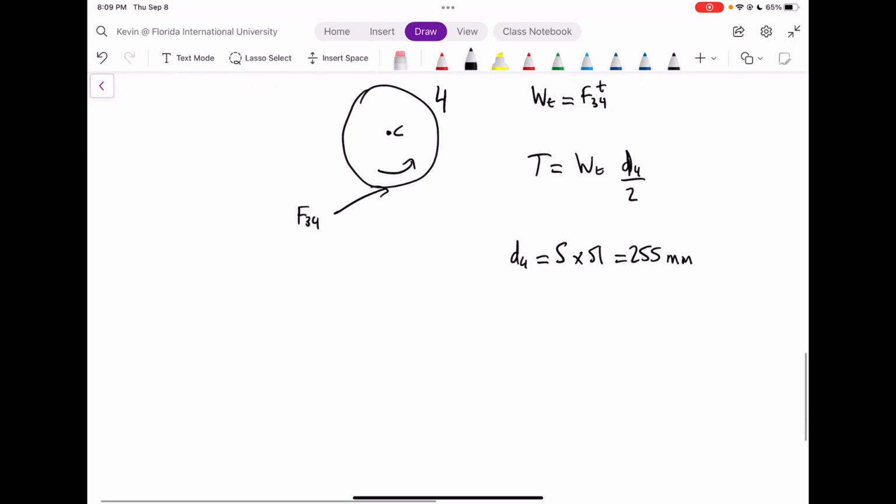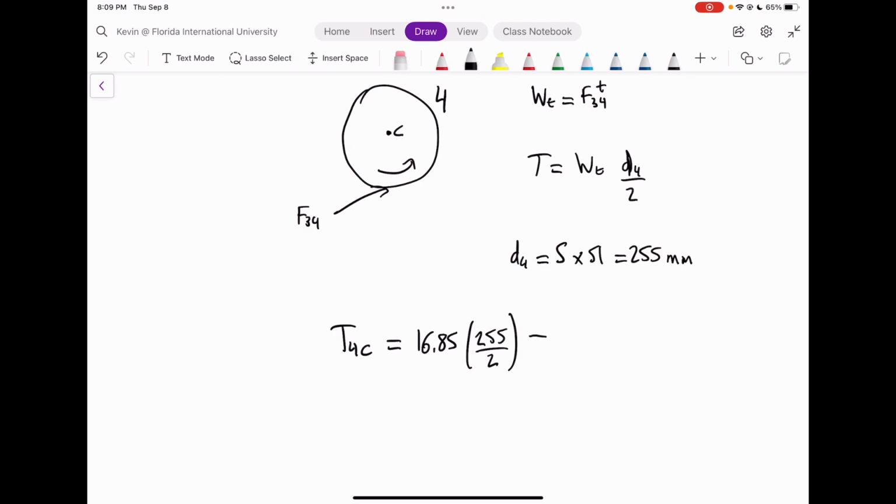And then we just plug in our values. So we plug in our values and we say that the torque of 4C is equal to 16.85 times 255 over 2, okay? And one unit is in kilonewtons and the other unit is in millimeters.